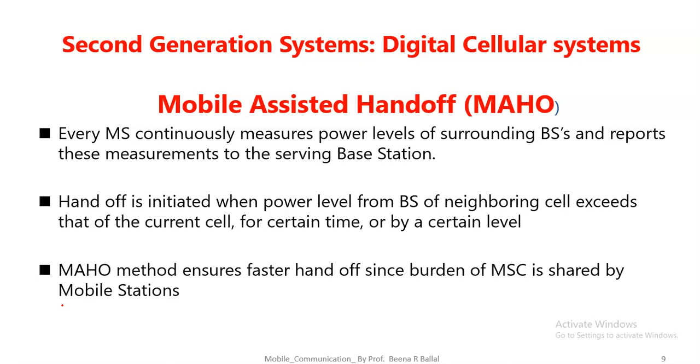What is the advantage of MAHO? MAHO ensures that there is faster or quick handoff, or handoff only when it is required. And secondly, the burden of the MSC is shared by your mobile station, because the mobile station is assisting the MSC to decide when the handoff should take place.